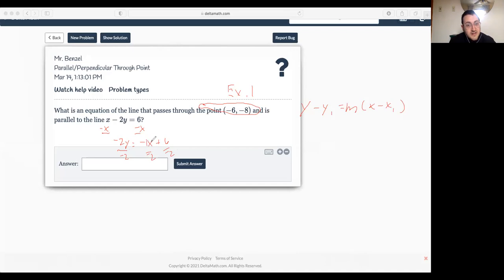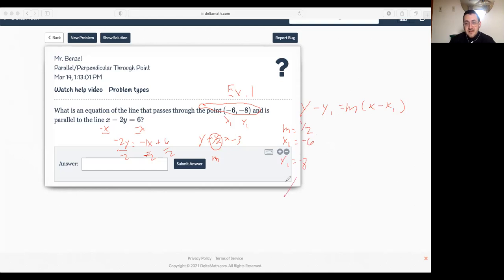And this is a 1x, negative 1x, and I divided by negative 2. So this is going to be y equals 1/2 x minus 3. So my slope is 1/2. My x1 is going to be negative 6, and then my y1 is going to be negative 8.